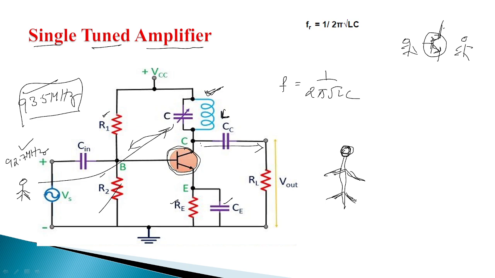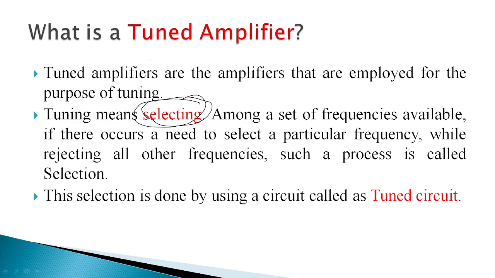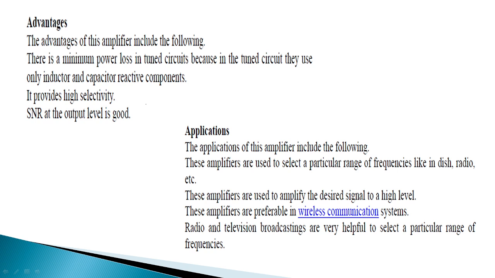So that is the advantage of the tuned circuit. We can select our required frequency and we can stop other unwanted signals. As I said, it will reject other unwanted signals and allow only our required signal.